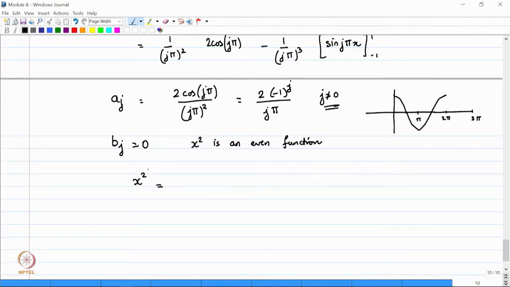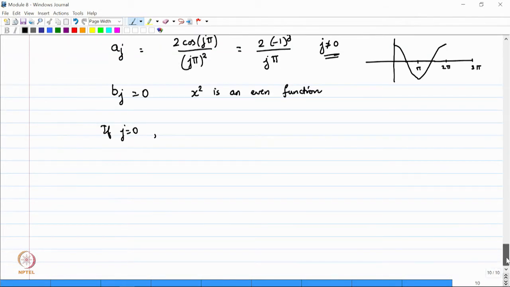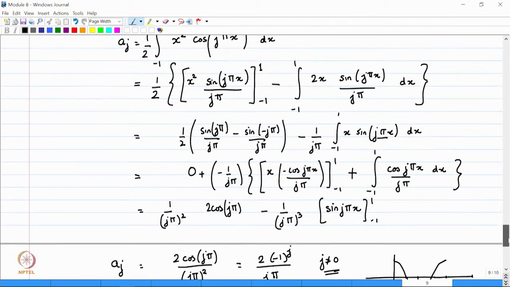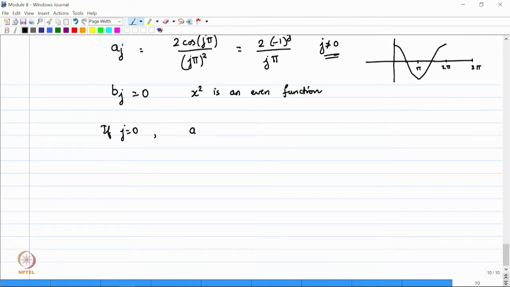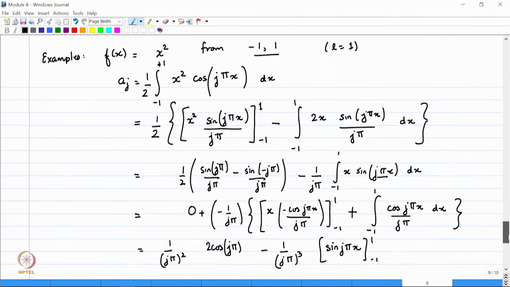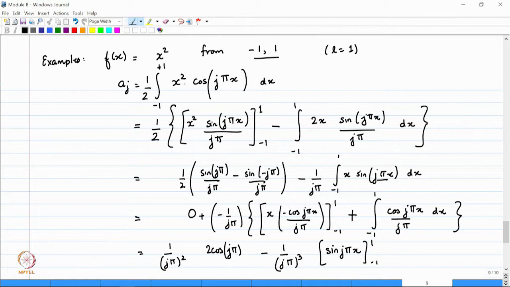Now, if j equal to 0, then a 0 goes to 0. You can see this by looking at this.